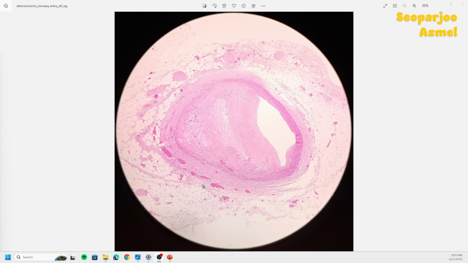So this is a blood vessel from a man who died due to myocardial infarctions. If you can see under low power, this is 4-time magnification of his coronary artery. You can see that the coronary artery is being affected by the atherosclerotic formation.